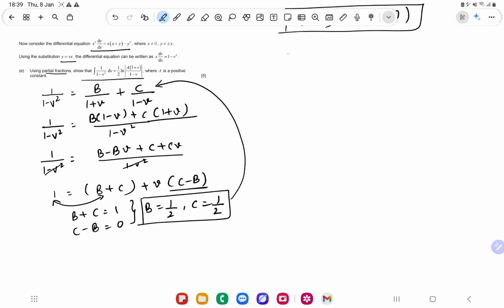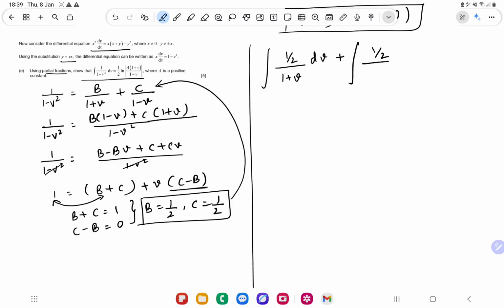So what we will be getting is integration, b is half, so half upon 1 plus v dv plus again integration of half upon 1 minus v dv. Since half is a constant, we can take it out from the integral and write our integral like this.